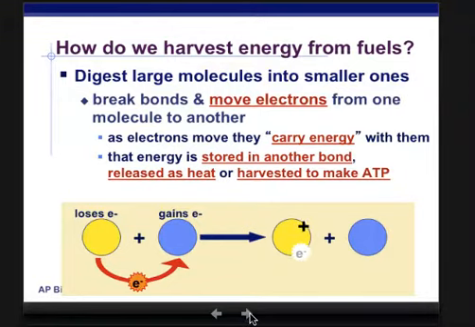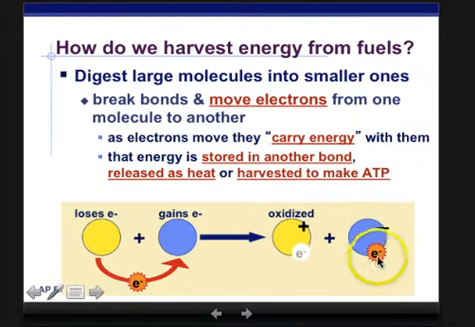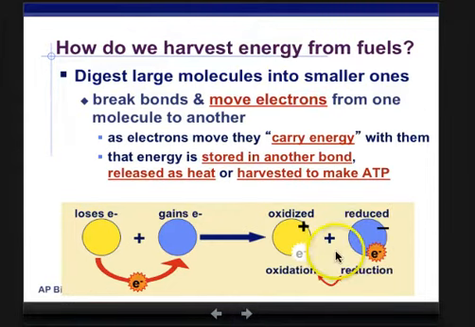Okay, so then the one that has lost the electron has become more positive and is called oxidized, and the one that has become more negative and has gained the electron is called reduced. So this is the oxidation and reduction, which is called redox.